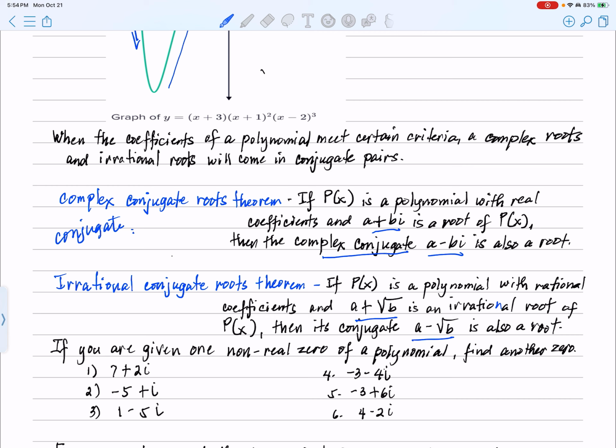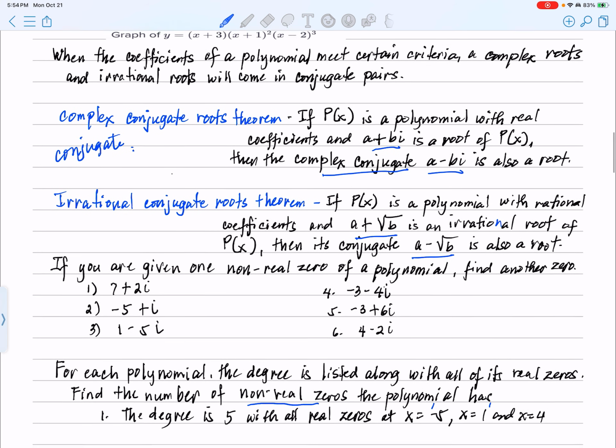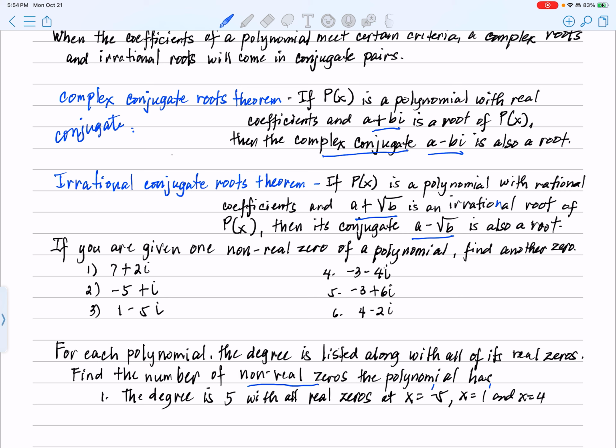So here, if a plus bi, then the conjugate is a minus bi. Irrational conjugate roots theorem: if p of x is a polynomial with rational coefficients and a plus square root of b is an irrational root of p of x, then the conjugate, a minus the square root of b, is also a root.